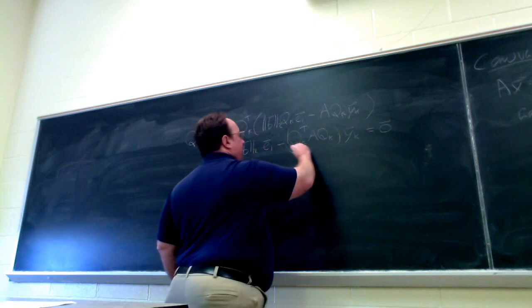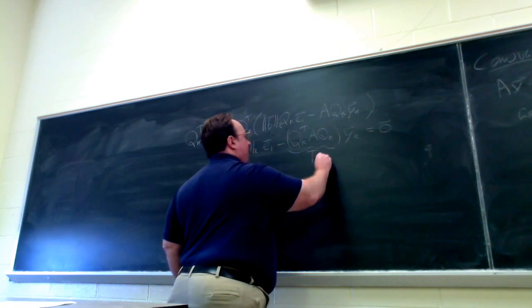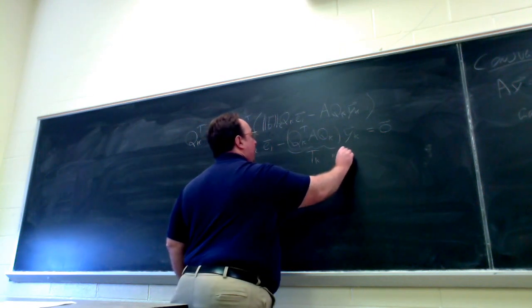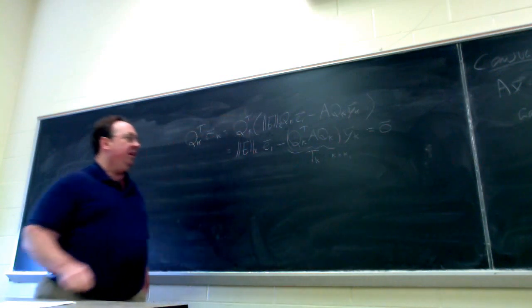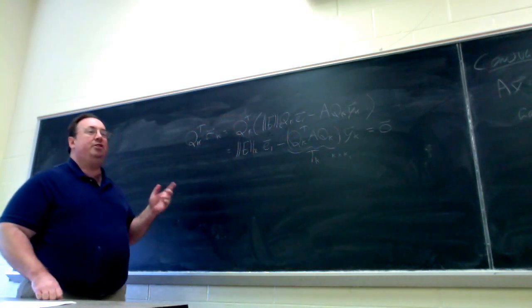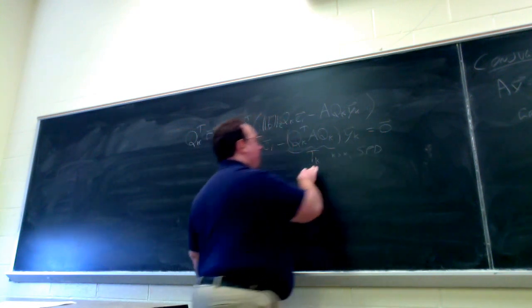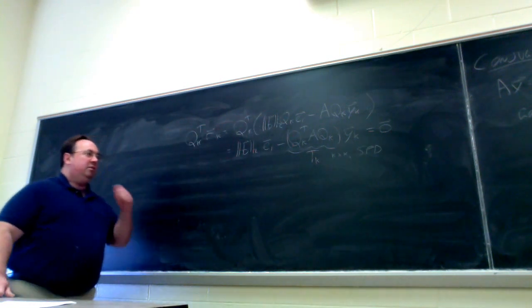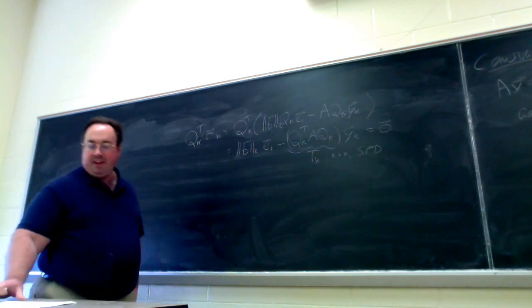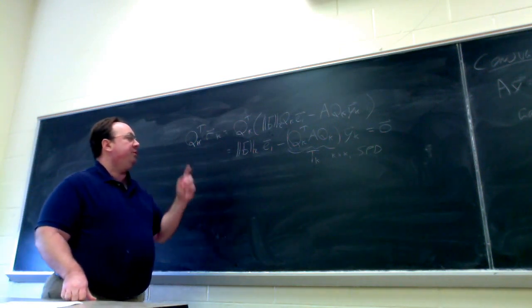Now, this matrix, I'm going to call that TK. That is K by K. And remember, A is symmetric positive definite. So TK is going to be also. Okay. So I want this to be 0.